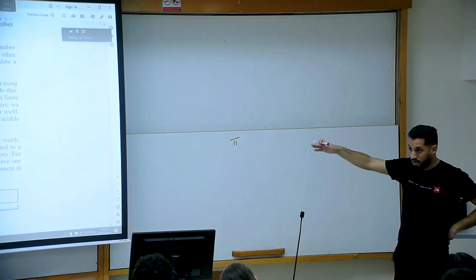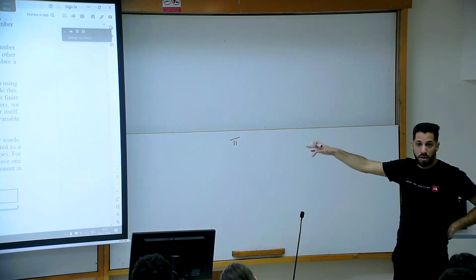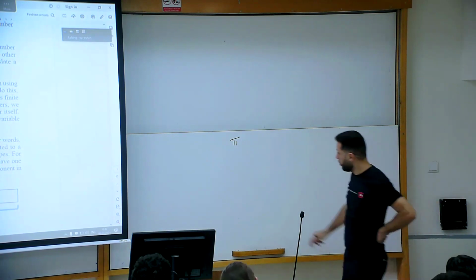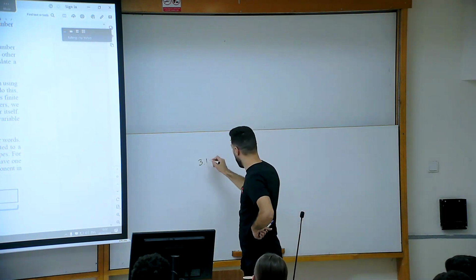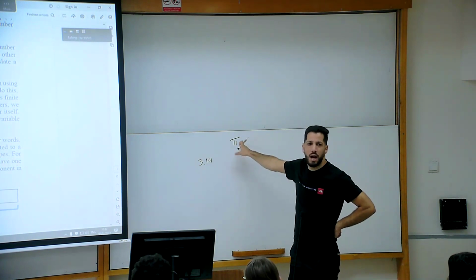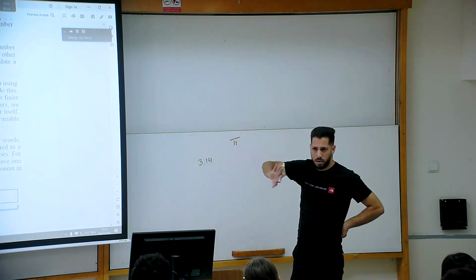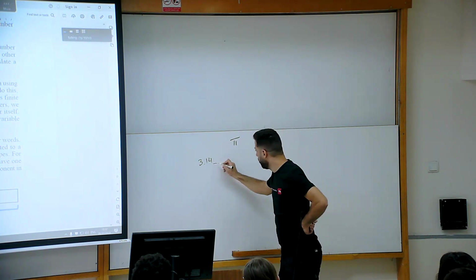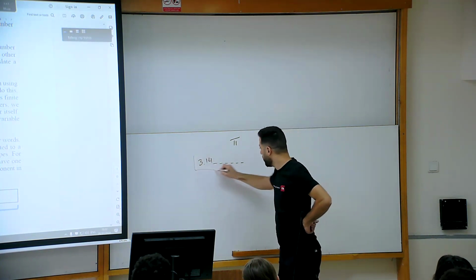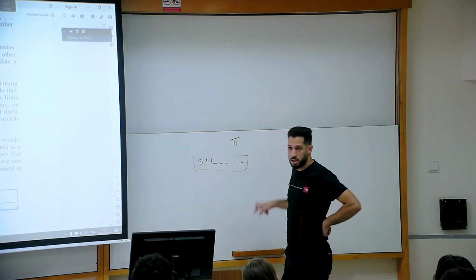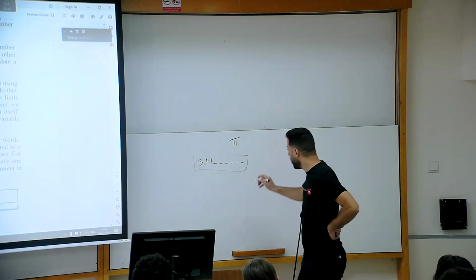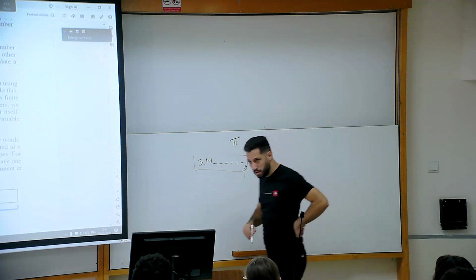I ask you to write this pi up to the 8th digit after the point. So you write for me 3.14... You try to calculate pi by some way from calculus that you know, and you fill in these digits. So when you give me this number with 8 digits, what is your error? Only the last one, yes?